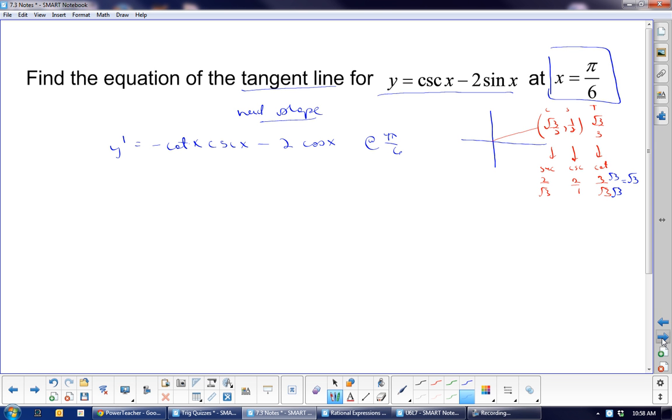So then it's just a matter of plugging stuff in. So y prime, or slope, would be negative. Now cotan x is root 3. Just look on the side there. Cosecant x is 2 minus 2 times cos x. Cos x is root 3 over 2.